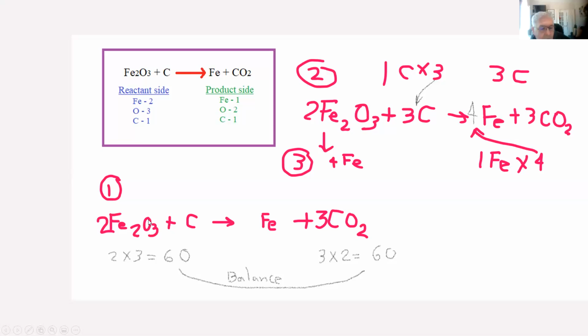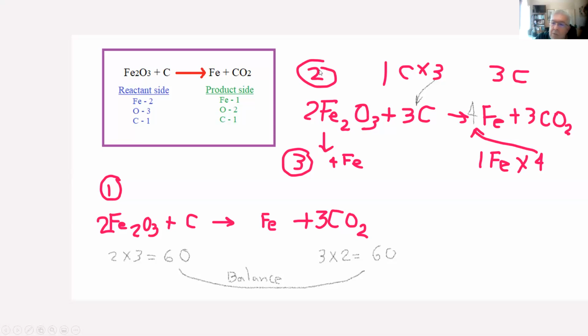In this case, you have 3 oxygen here and only 2 here. What you do is put a 3 in front of the 2 and a 2 in front of the 3, in such a way that you have 2 times 3 is 6 oxygen, and here 3 times 2 is 6 oxygen. Now, oxygen is balanced.